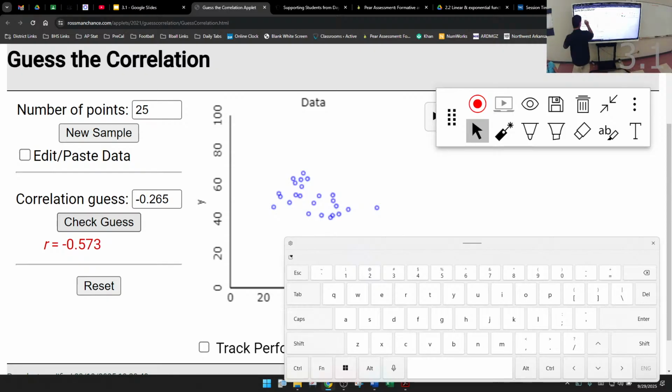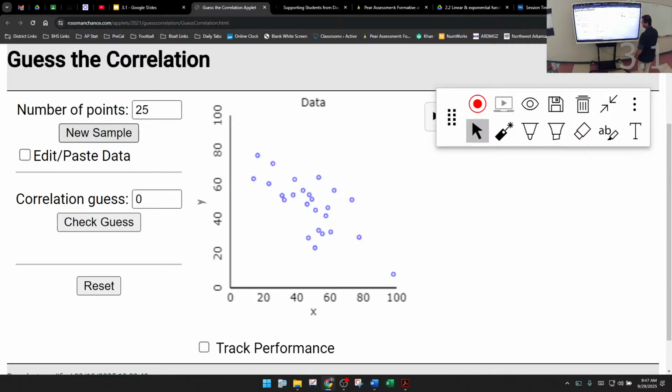I think that's low. Ooh. Negative. Ooh, this has got a little tricky in it. I think it's a lot lower, because of that point there.